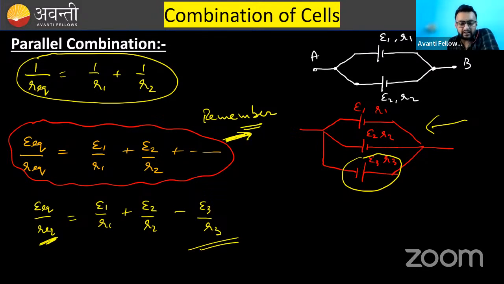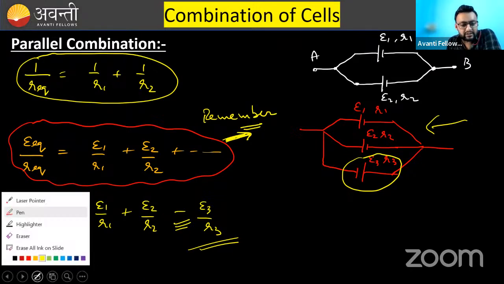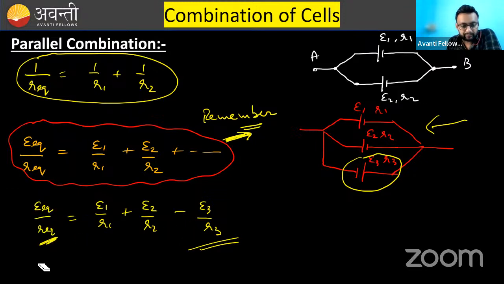You can derive it at a later stage. If the polarity of a cell is reversed, then you need to put a negative sign against it while writing the equivalent equation. Just put a negative sign against it, nothing else. Clear? Okay.